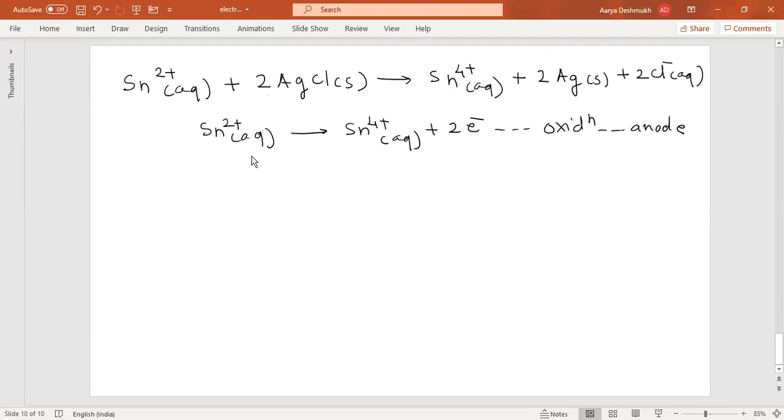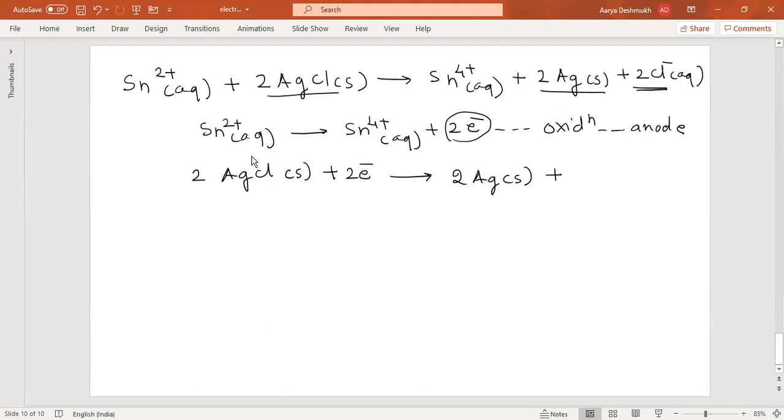Then look at this, twice AgCl into twice Ag. Okay, now write this down. Twice AgCl solid gains the 2 electrons which were lost here and is converted into twice Ag in solid form plus twice Cl minus.